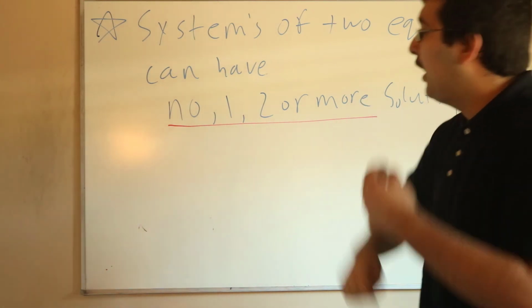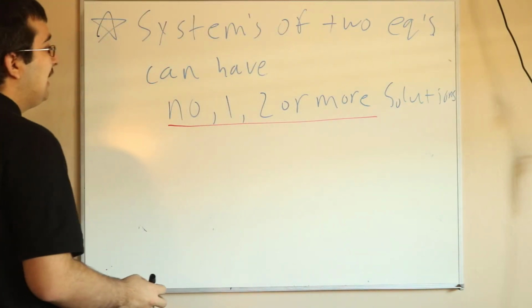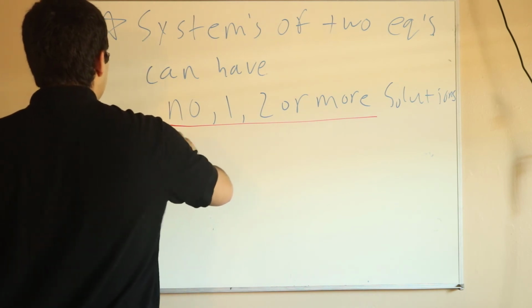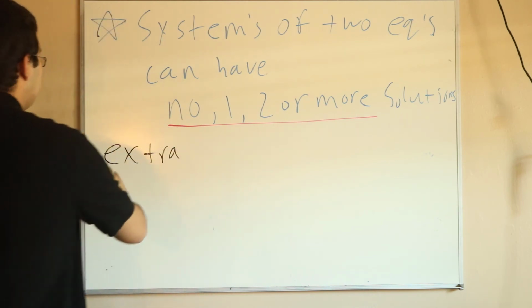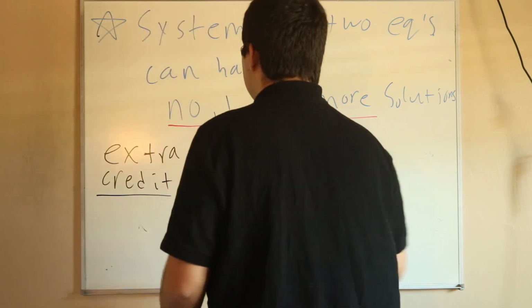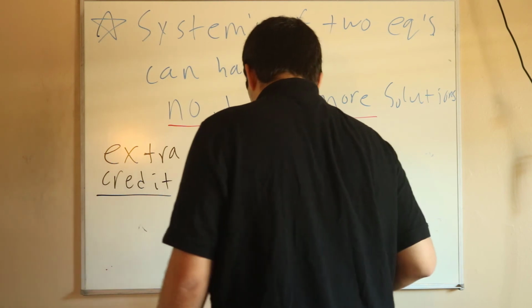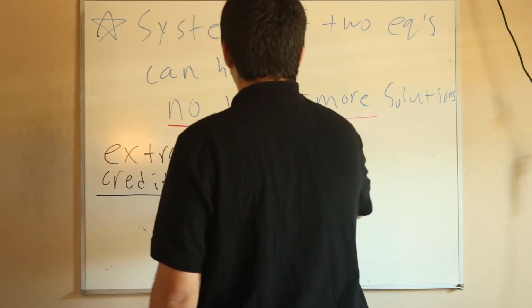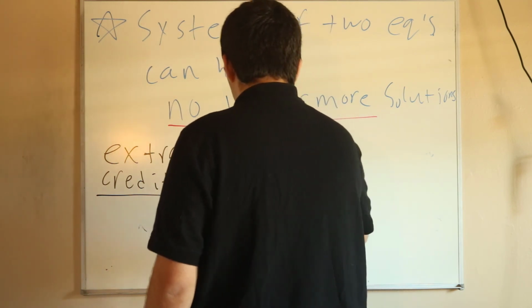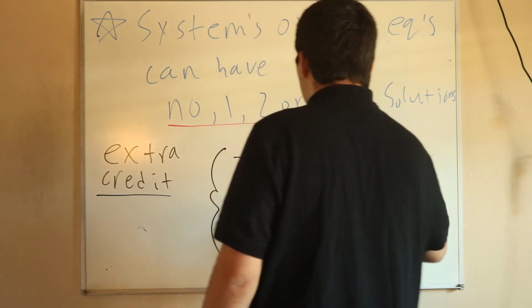Now, lastly, for you guys, let's go ahead and give you a nice extra credit opportunity for those of you who managed to make it to the end of this lecture video. So your extra credit opportunity this time around will be the following system: 2x squared minus y equals 1, x plus y equals minus 2.